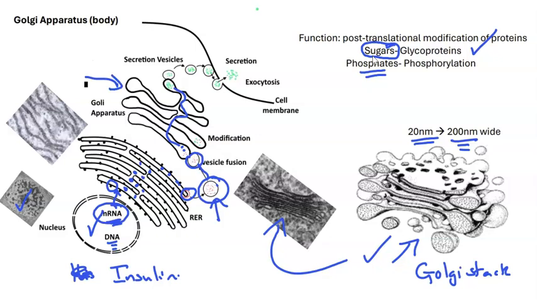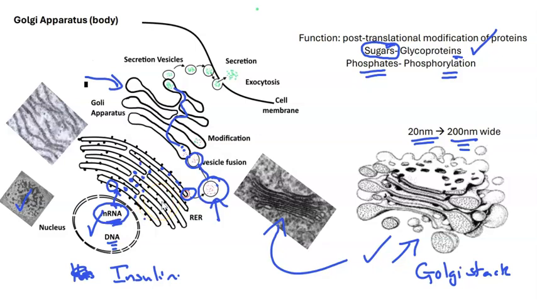So the Golgi apparatus creates an isolated zone for the chemistry of forming glycoproteins and phosphorylation of proteins from ones which have been synthesized on the rough endoplasmic reticulum.